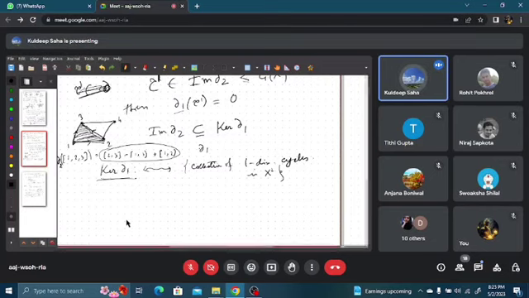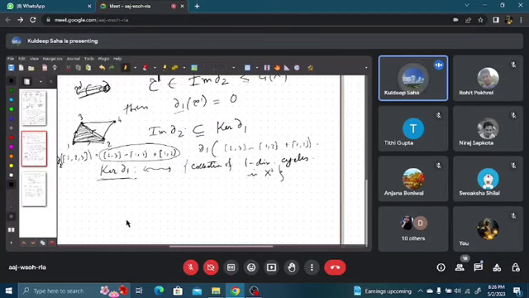So delta 1 of this object is 0, because delta 1 composed with delta 2 is 0. So this 1 2 plus 2 3 minus 1 3 is a one-cycle.